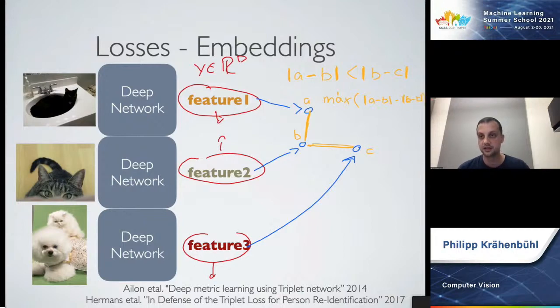Right? And so this will ensure that if you enumerate all triplets A, B, and C, the distance between A and B is going to be smaller than the distance between B and C. Right? I hope I did the sign right here.